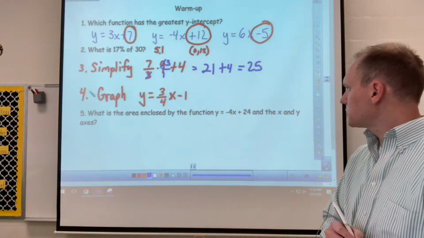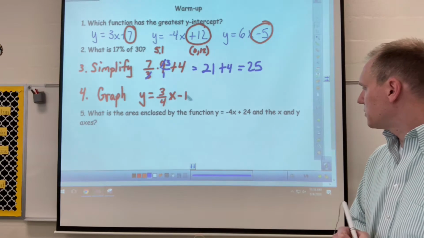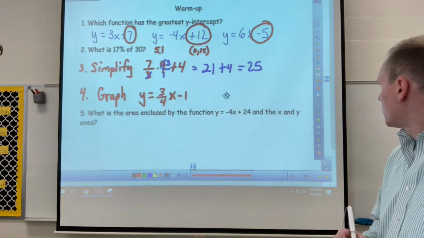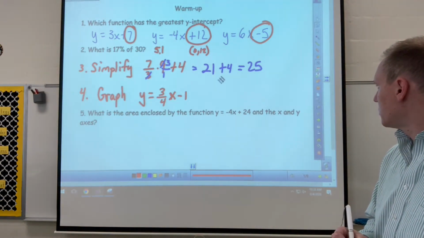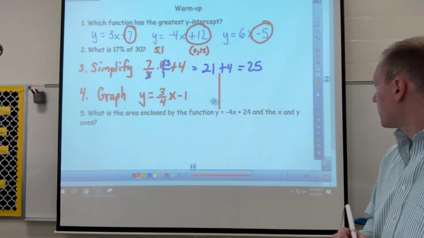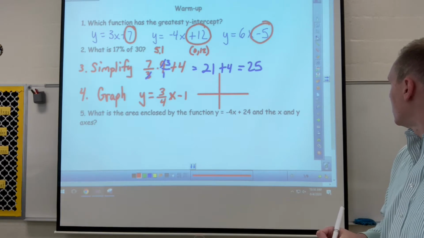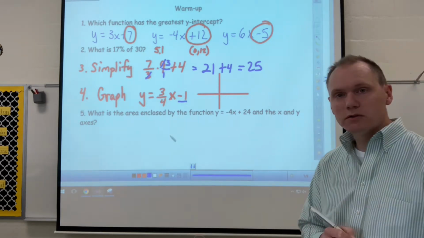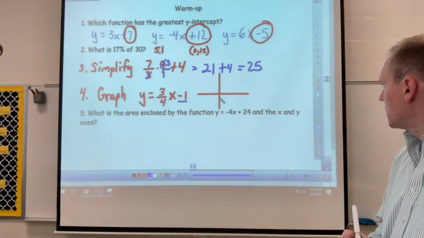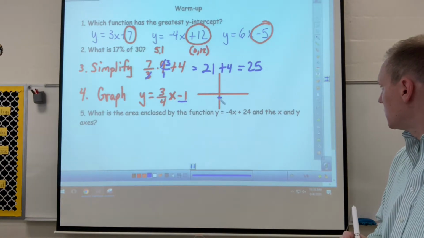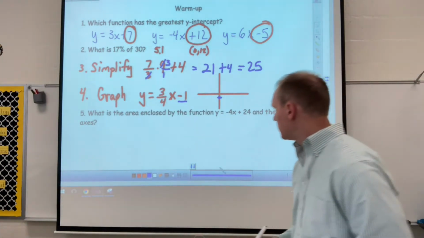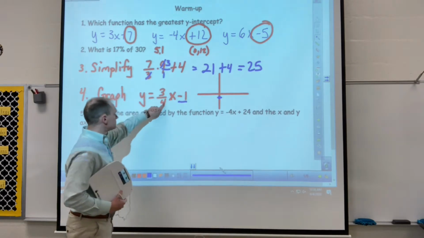All right, and then up next, graph y equals 3/4 x minus 1. I'm going to just draw a rough sketch here real quick. Okay, so negative 1, as we said a minute ago, is the y-intercept. So negative 1, let's go down 1 right there. It's going to be our y-intercept. And then the slope here is 3/4.